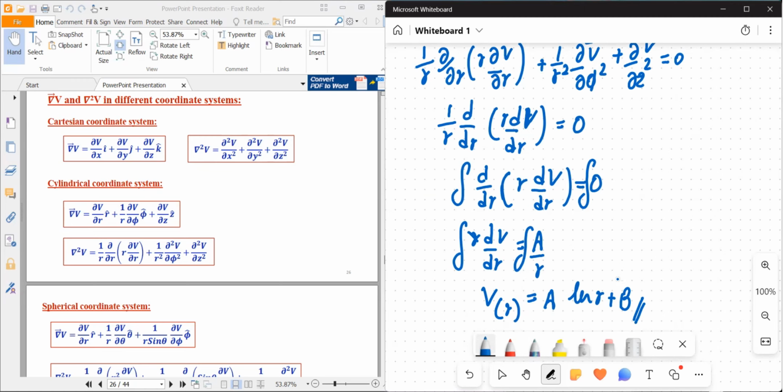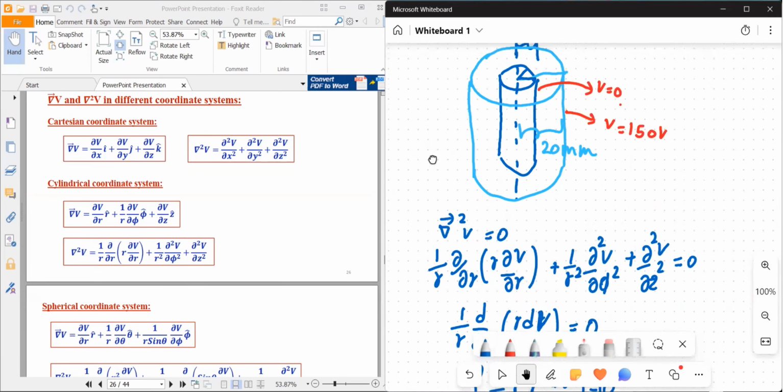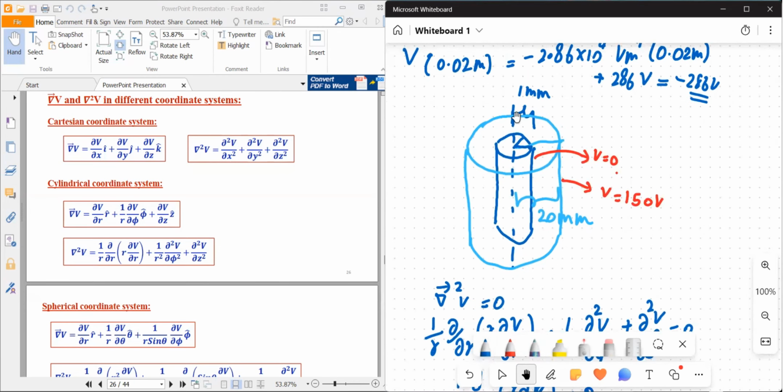Then what can we do to calculate the values for A and B? We have two boundary conditions. When r is equal to 1 millimeter, potential is 0. The other boundary condition, when r is equal to 20 millimeters, potential is 150 volts.